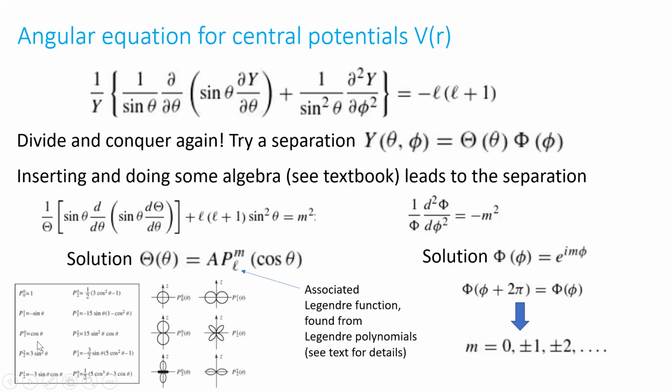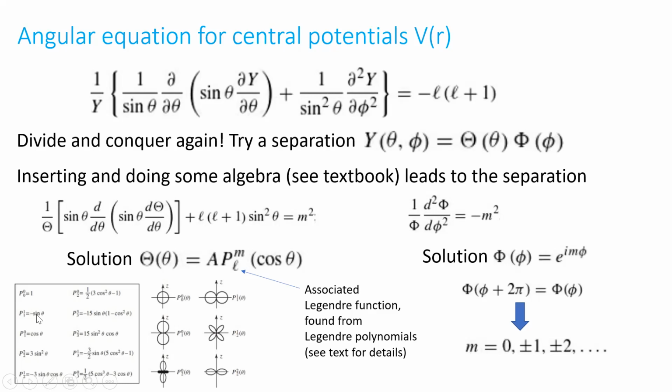P_1^0 is cosine theta. P_2^2 is 3 sine squared theta. P_2^1 is minus 3 sine theta cosine theta, etc. So these associated Legendre functions are all fairly straightforward functions of cosine and sine.